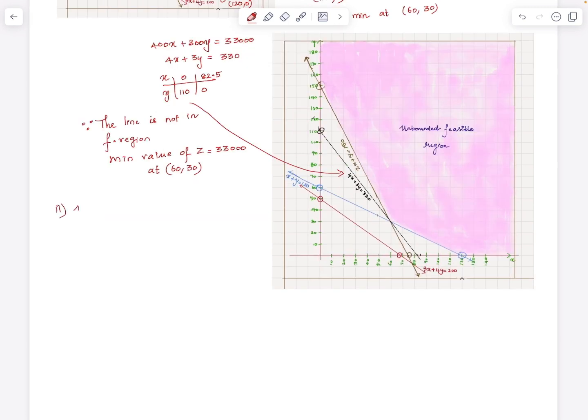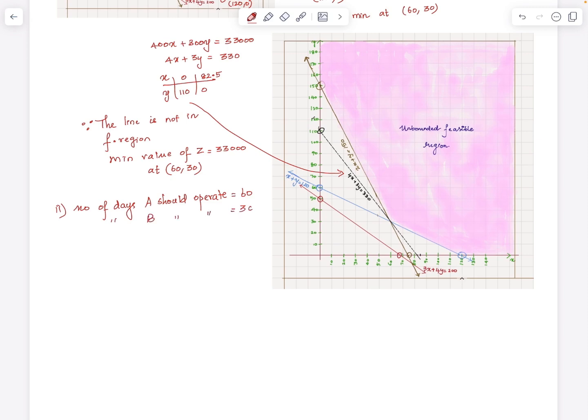The number of days refinery A should operate is 60, and the number of days B should operate is 30.